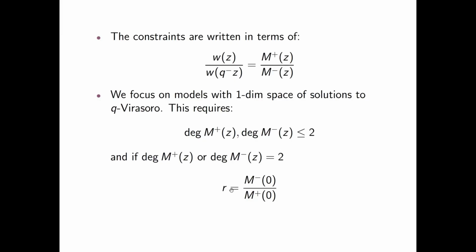And moreover, there's a condition on the constant terms. Physically this means that we basically consider models with the number of fundamental and anti-fundamental matter multiplets less than or equal to 2. And so, the Chern-Simons case also works.